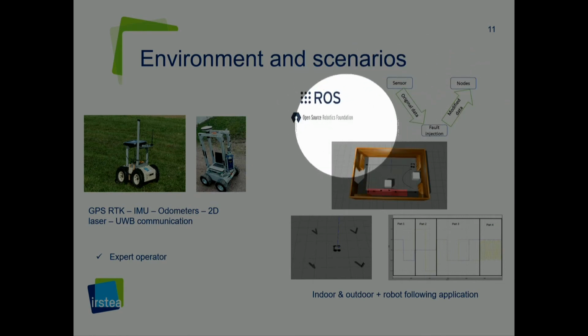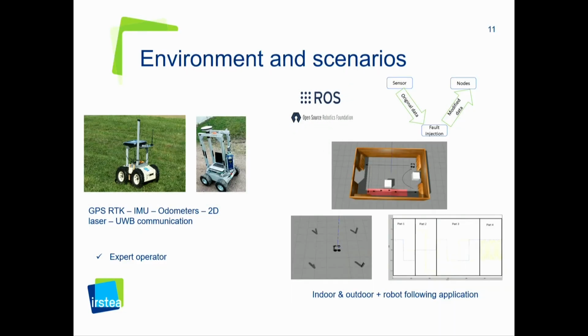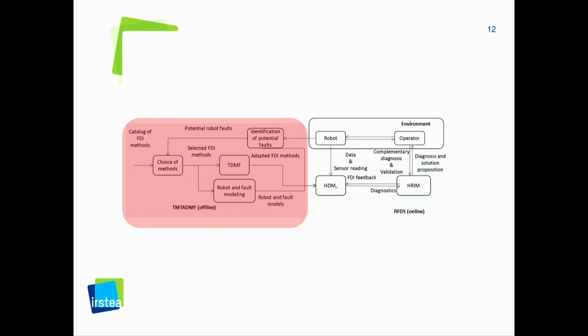ROS permits us to intercept the signal sent by the sensor before sending it to the node, and that's how we can inject faults without ruining our system. For mechanical faults, it's a little bit more complicated. Somehow we hit the robot.